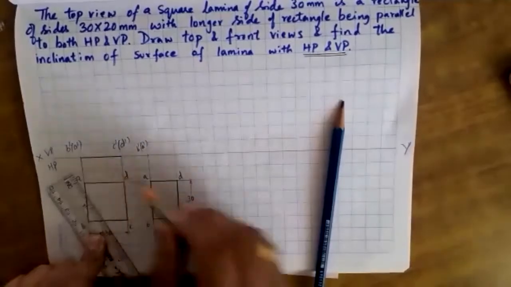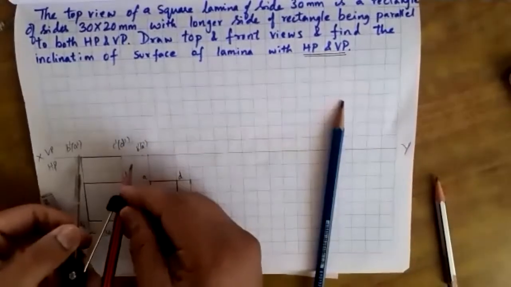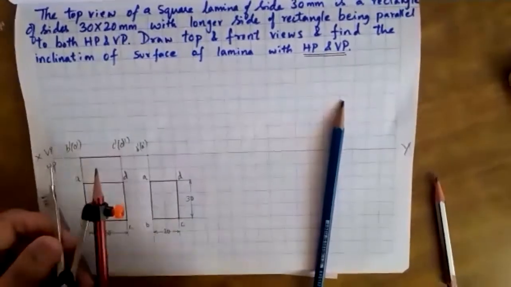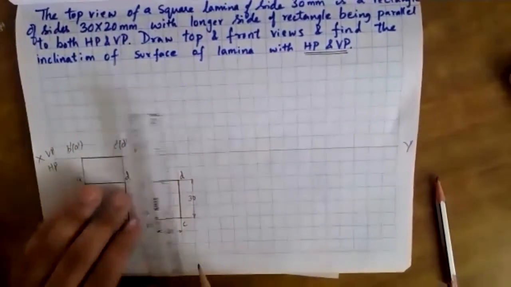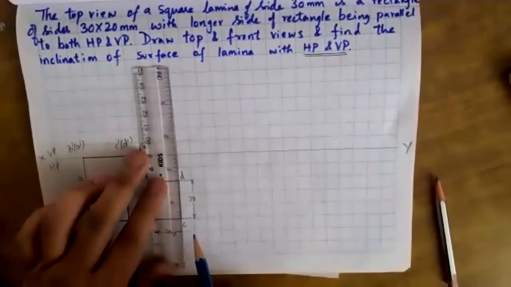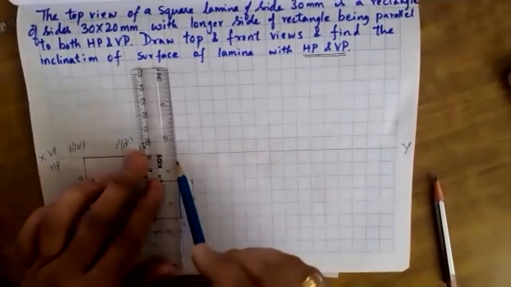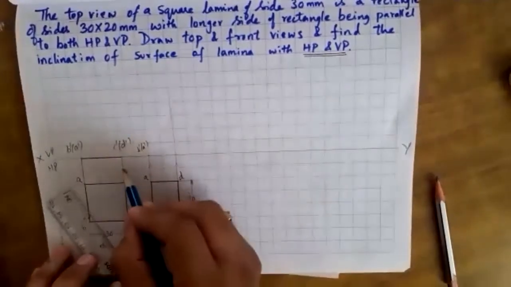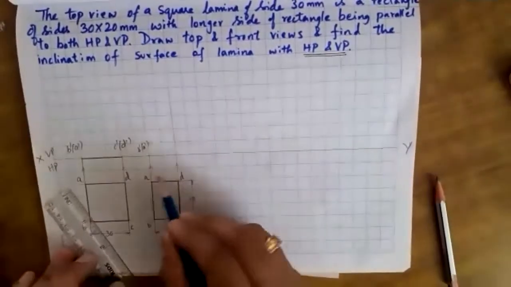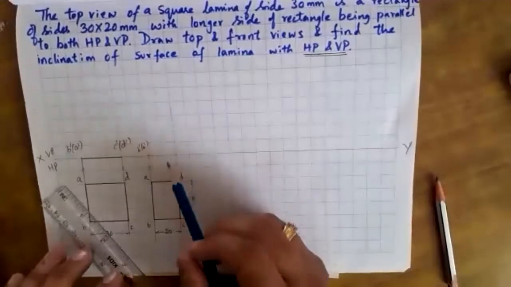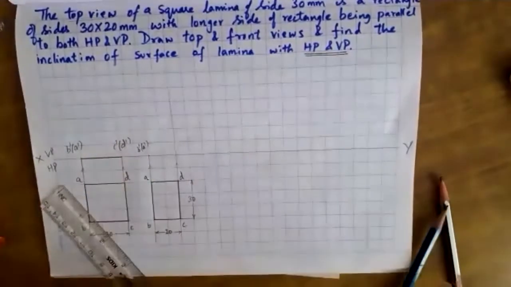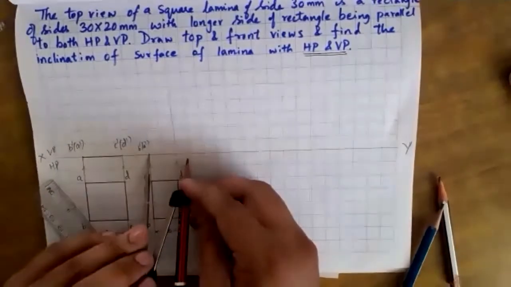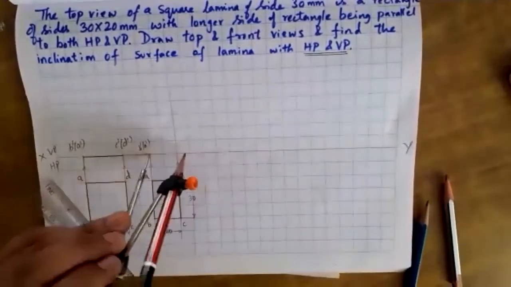Next, I'll take the same front view length measurement, and I have to mark it here at some angle. I don't know the angle. So from D and C, I'll draw a projector towards the vertical plane, and where it meets the front view distance of 30 mm on this line, I am going to stop there.